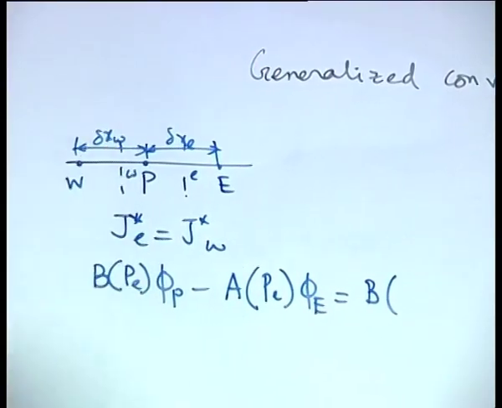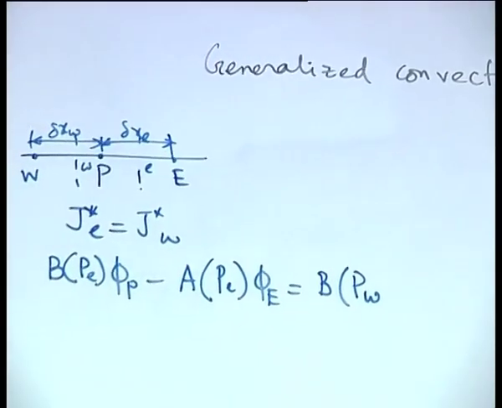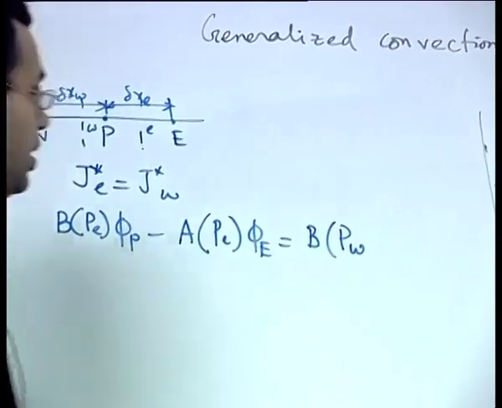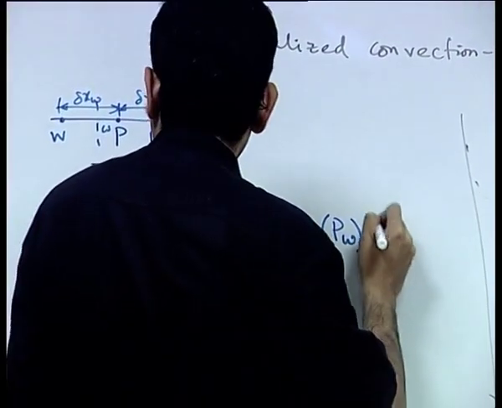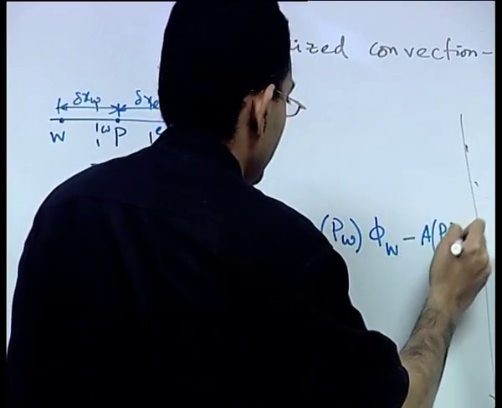Delta XW. So it will become PW, where PW is the Peclet number based on delta XW: B of PW into phi W minus A of PW into phi P.